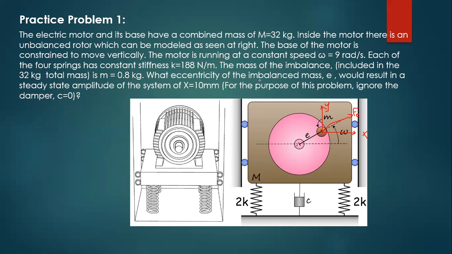What eccentricity e of the imbalanced mass would result in a steady state amplitude of the system of X = 10 millimeter? For the purpose of this problem, please ignore the damping, C = 0. Just take this as 0, and please solve it.